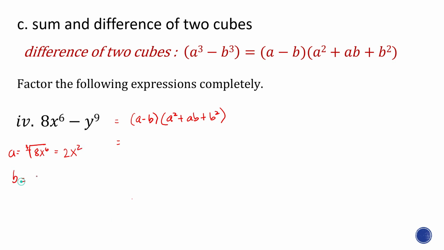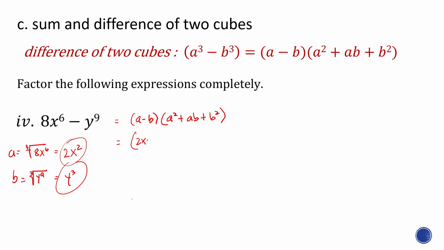Then for the b, we have the cube root of y raised to 9. So that's y. And then the exponent 9 divided by 3, that gives you 3. So now that we have our a and b, simply substitute those terms to their respective variable.